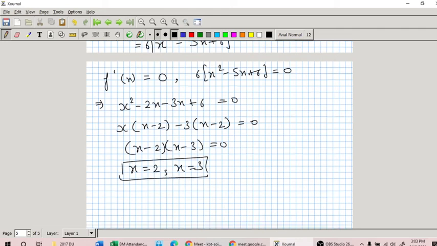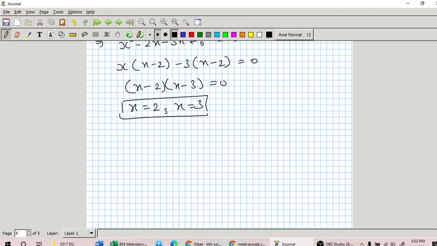Next step, with this we cannot identify whether the function is maximum at what, minimum at what. So we'll try to find out the slope of the change. Slope of the change, again it means differentiating f dash x, which has already been derivated, with respect to x.